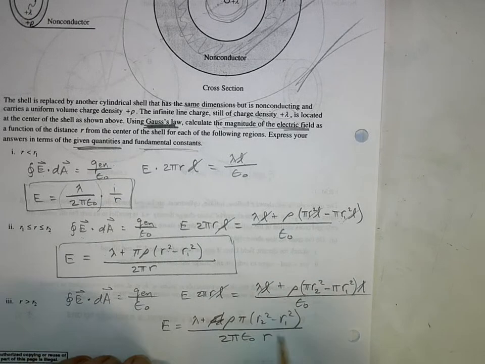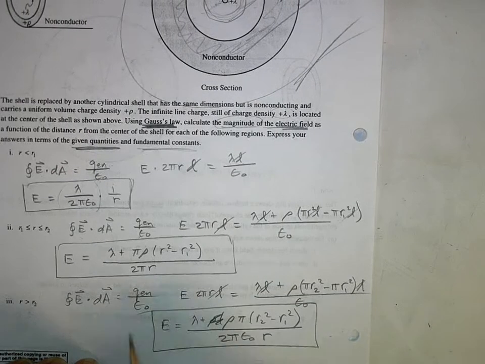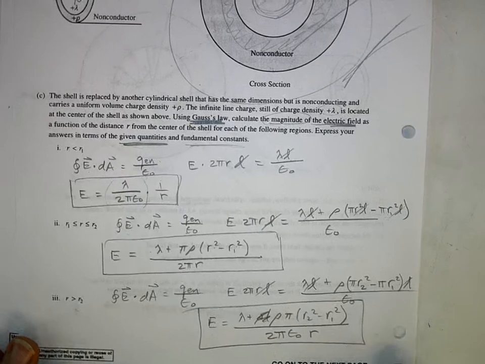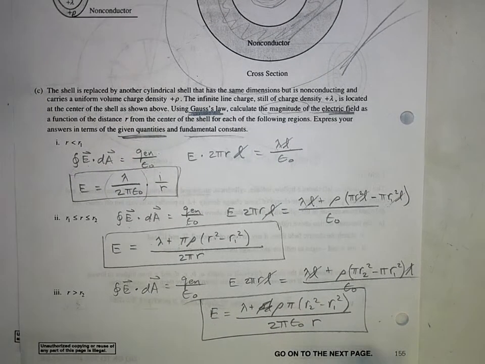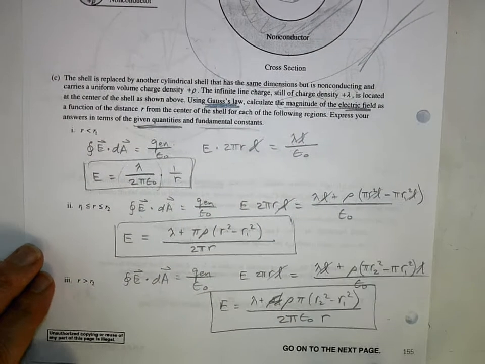I guess I could pull that 1 over r out like I did before, but I don't know. Don't spend too much time simplifying expressions. They'll give it to you. Okay, and so there we go. That's part C. I don't think there's a part D. Oh, good. Thank goodness that's over.